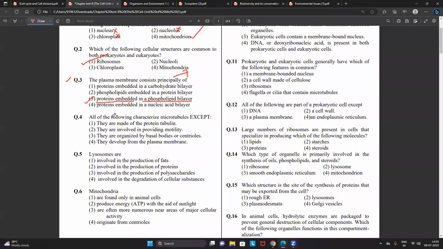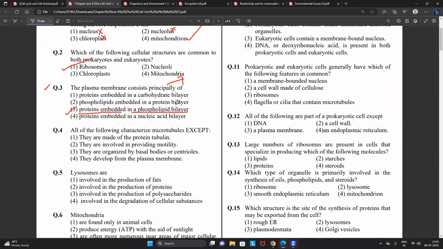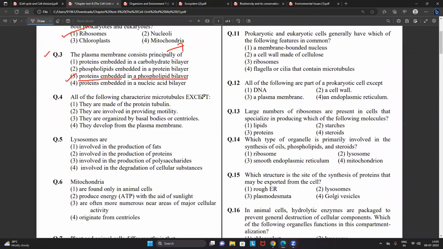Question number 4. Everyone has to answer the question number 4. All of the following characterize microtubules except. I want every one of you to give the answer quickly. So you all know that, friends, microtubules are made up of proteins called, Sangeeta, look into this.